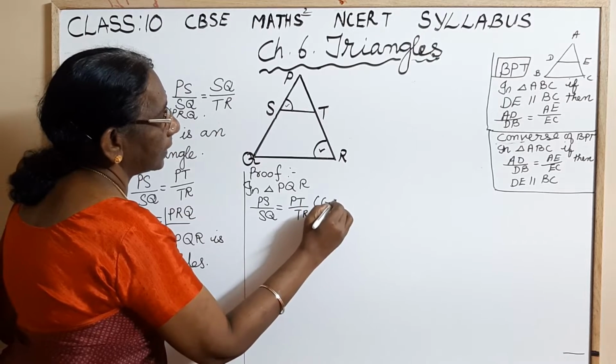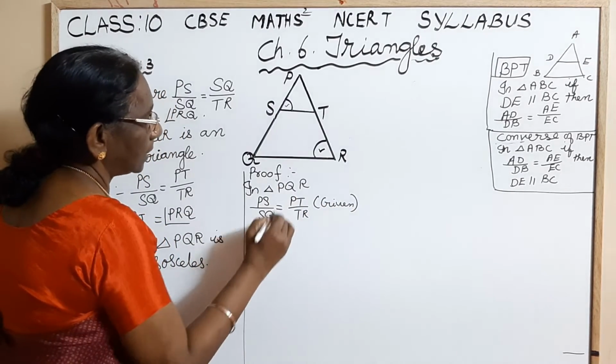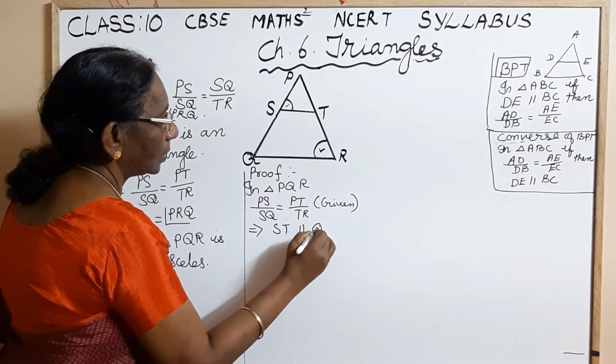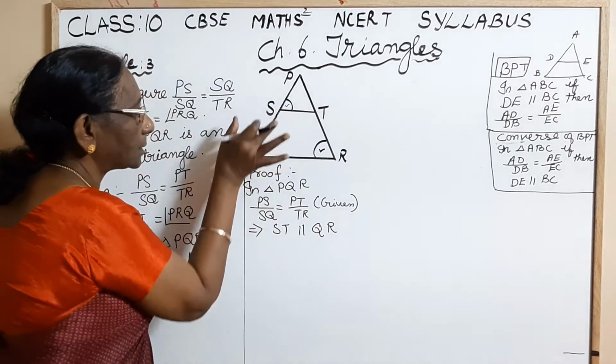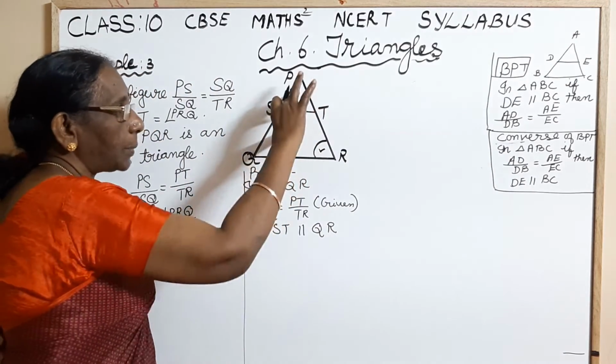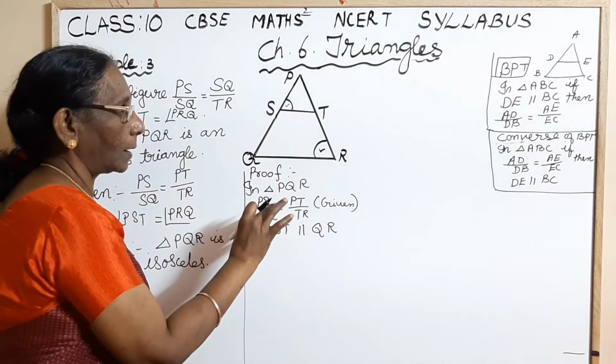It is given. So, which implies ST is parallel to QR. So, first step over. Now, we have to use the parallel line and the angle property, corresponding angles.